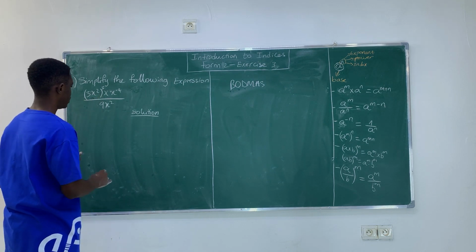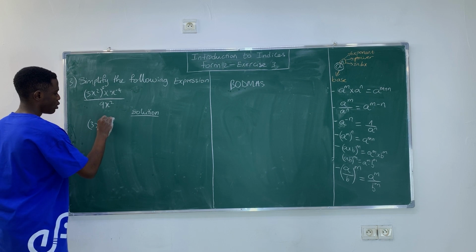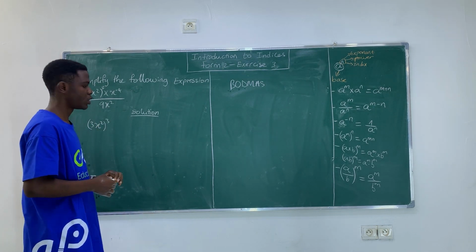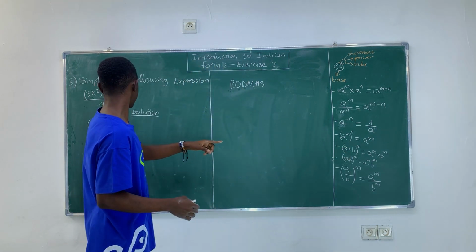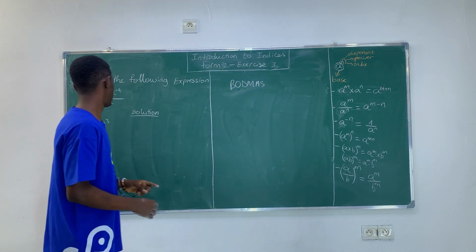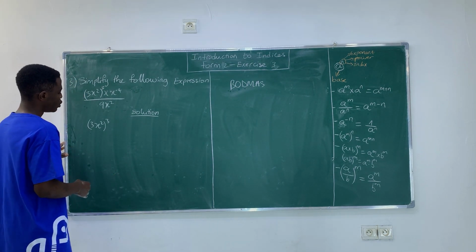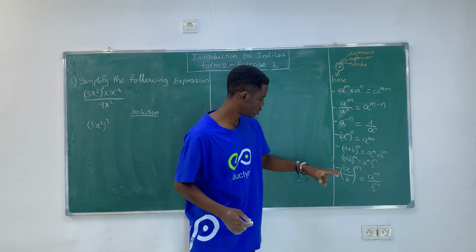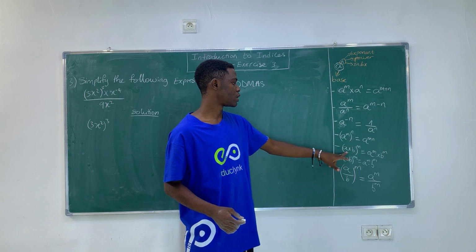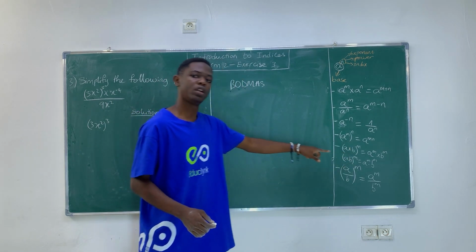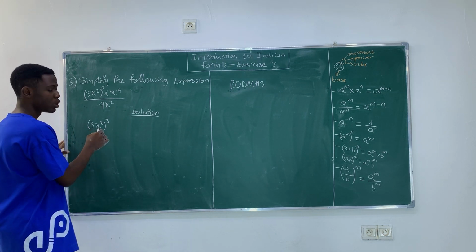So what is in the bracket? We have 3x squared, all that cubed. How do we solve this? It is of this form, the power of powers law. It is also mixed with the product law, because we have a product on the base.